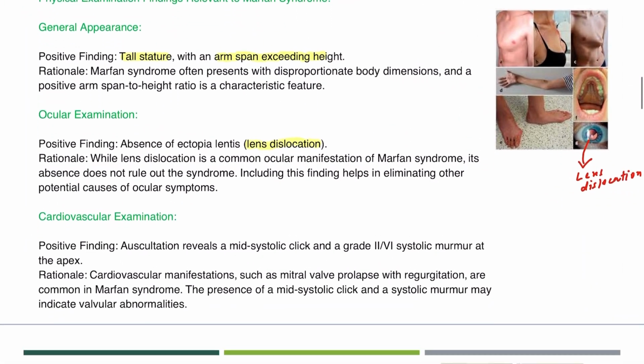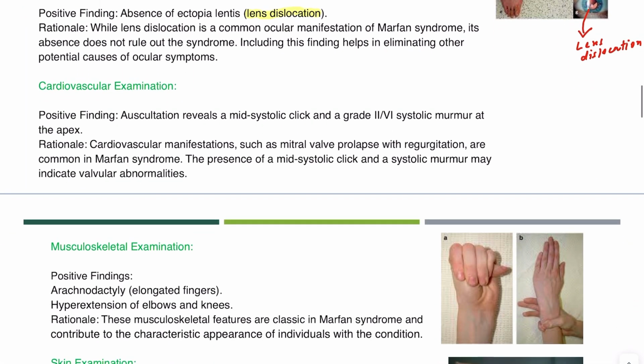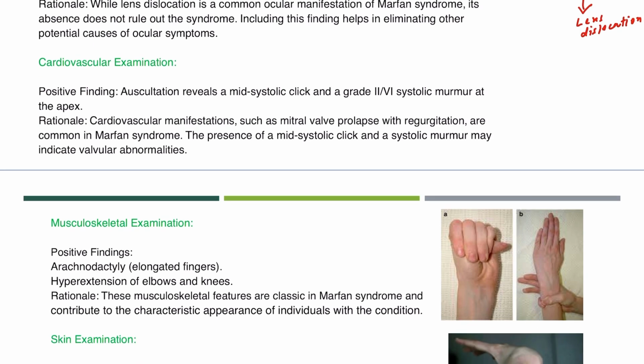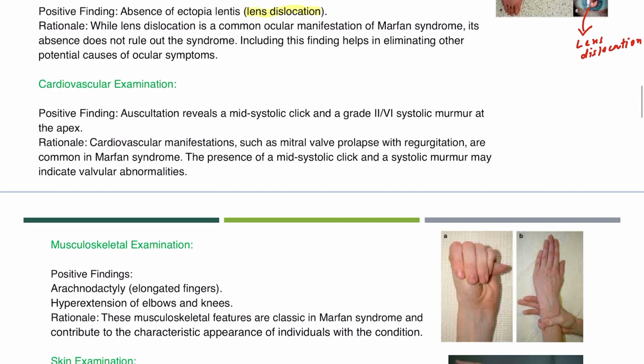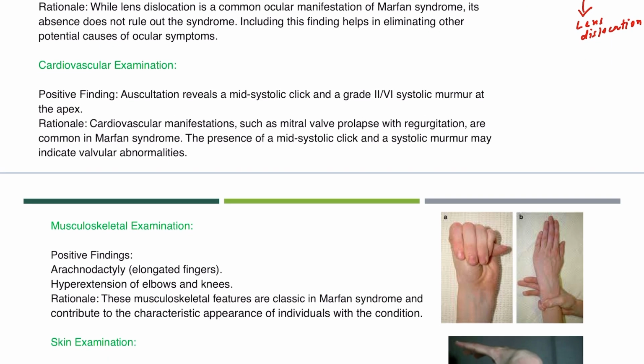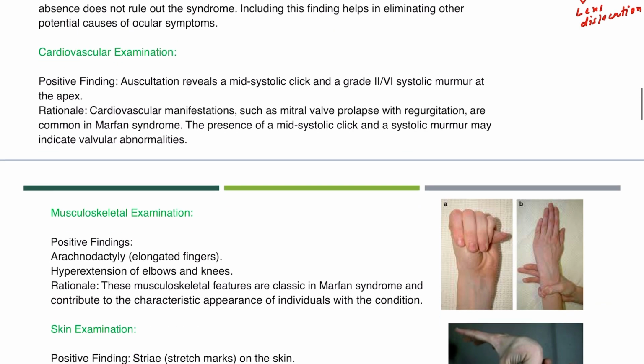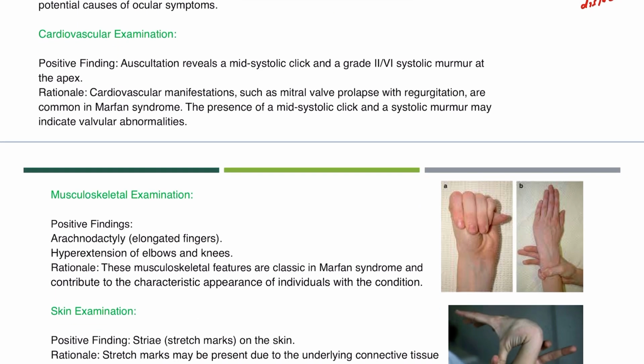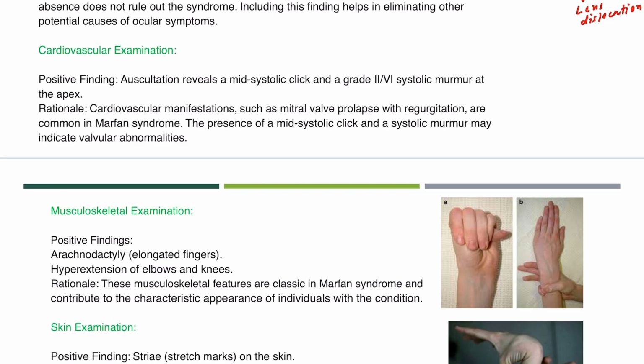In the cardiovascular system, obviously this is a very important system to examine. Remember, in the consultation station, although it's considered a long case, you should still do all the relevant examination, and put more emphasis on the relevant examination only. In cardiovascular auscultation, we know it is associated with mitral valve prolapse.